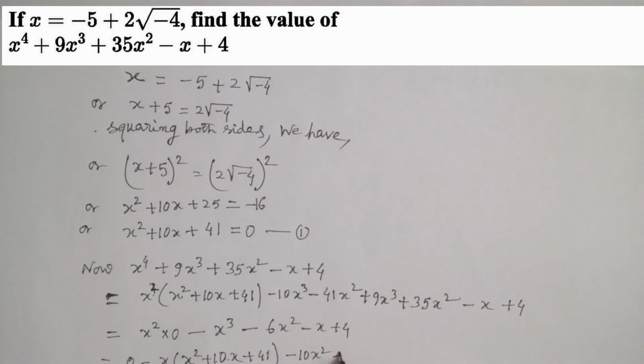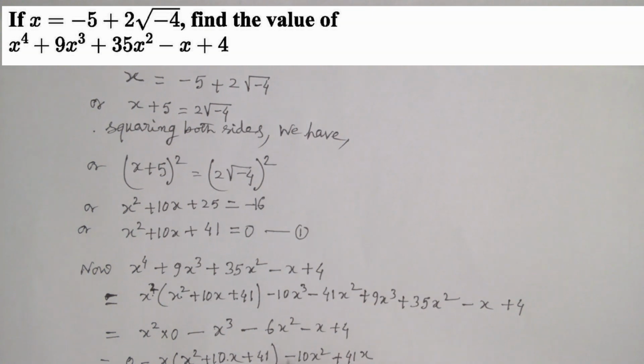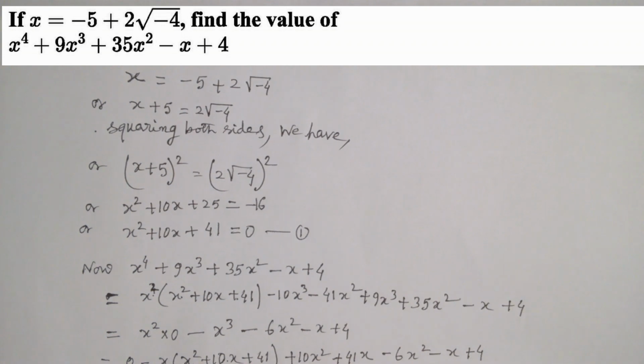Now we will write plus 41x, here minus, here will be plus, here minus 10x square, that will be plus, other remaining terms minus 6x square minus x plus 4. Now simplify again.